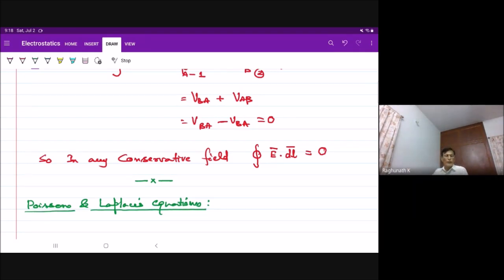Poisson's equation is what is required for us to understand the electrical behavior of a p-n junction or any junction between two dissimilar material.